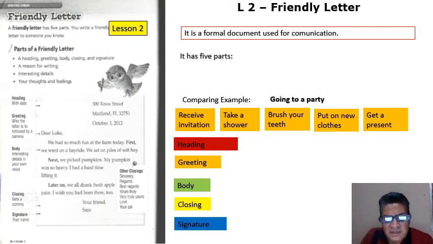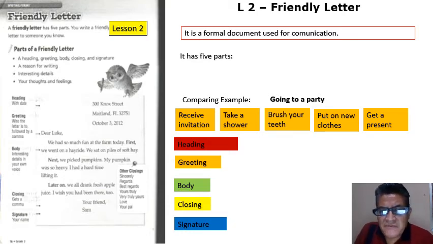Let's go down here, and in this right side, we can say that the definition we can apply is: it is a formal document used for communication. That's the difference of having a letter and communicating with someone on the cell phone, by WhatsApp or by Facebook and all those things. A letter is a legal formal document that is still used nowadays.